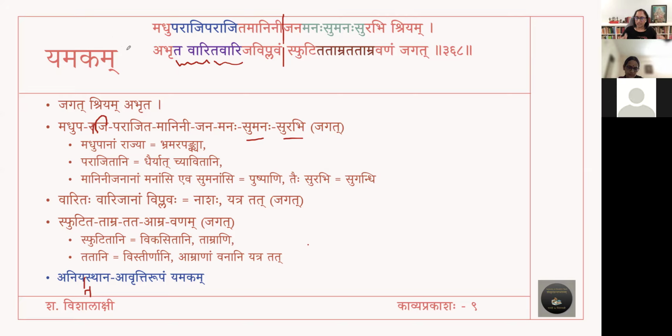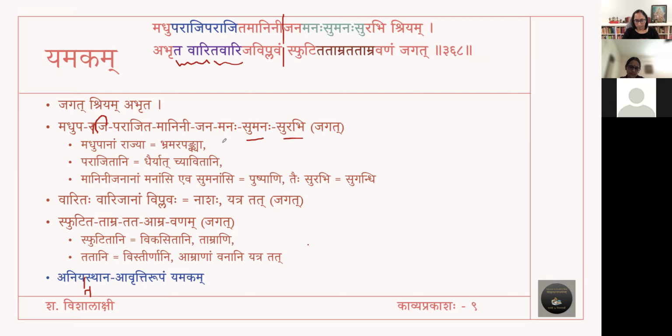If you want to split it into 3, then you can have 4 aksharas in each of those bhagas. So he has to actually repeat the exact 4 aksharas, either the first 4 with the second 4, or the second 4 with the third 4. That is how it should be. But here, if you split it into 3 or 4, then it should be 3 3 3 3. That is also not possible here because the first three are not separate. The first letter has gone into the yamaka, so there are no proper divisions of the bhaga here in the yamaka. That is why he says aniyata padabhaga sthanam or aniyata sthanam.